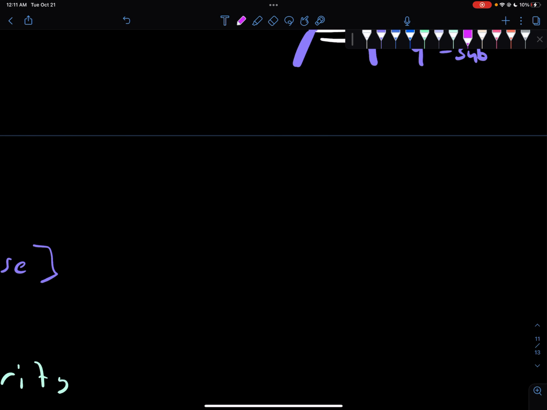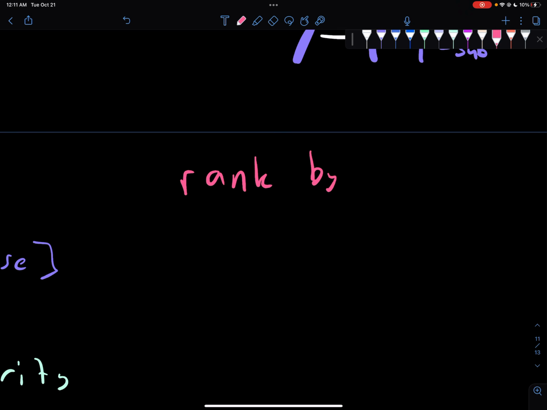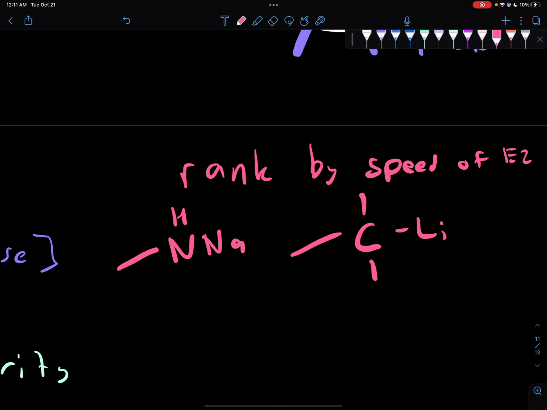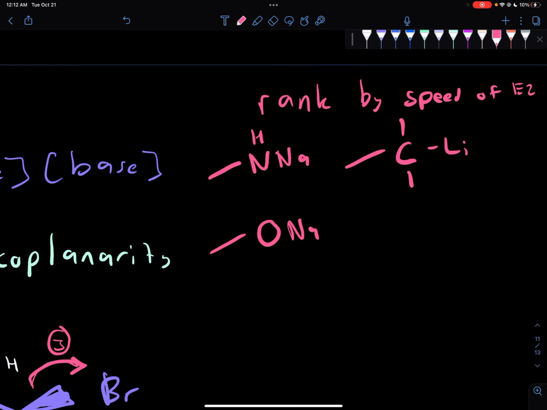Now, before we continue, one more thing. We already talked about this, but if they say rank by, I don't know, speed of E2, and they'll give you a bunch of bases, right, stuff like this, what you want to do is go up to the left on your periodic table.